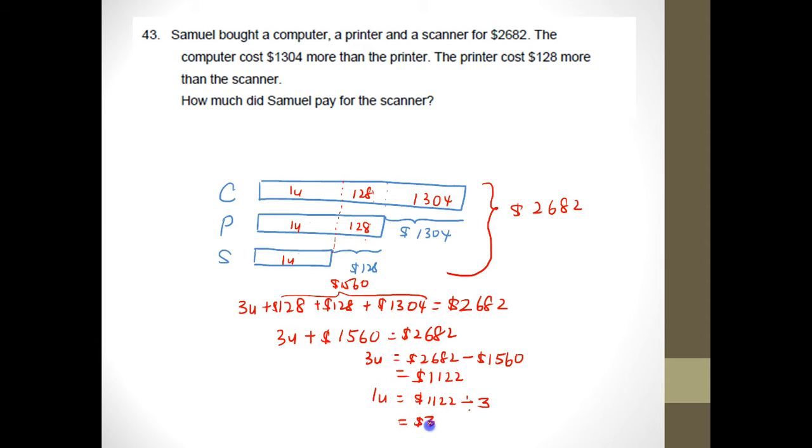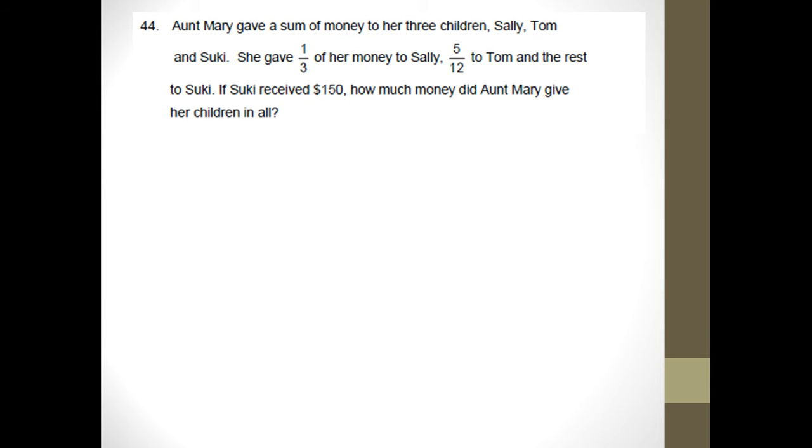My answer is 374. So I want to find how much Samuel paid for the scanner. The scanner is 1 unit, which is 374.